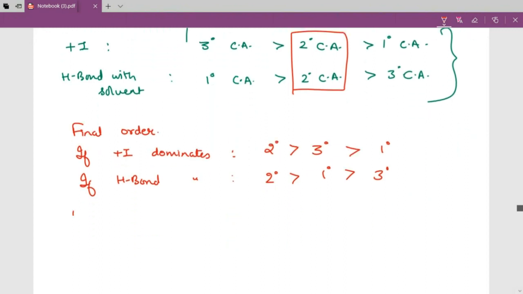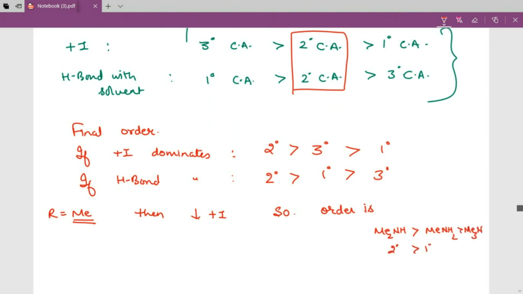In case of methyl, if R is methyl, see, methyl is small, so there is less plus I. As its hydrophobic part is small, H bonding will become effective and dominating. So the order is 2-degree, that is Me2NH, is a better base than MeNH2, and then Me3N. See, 2-degree, then 1-degree, then 3-degree.